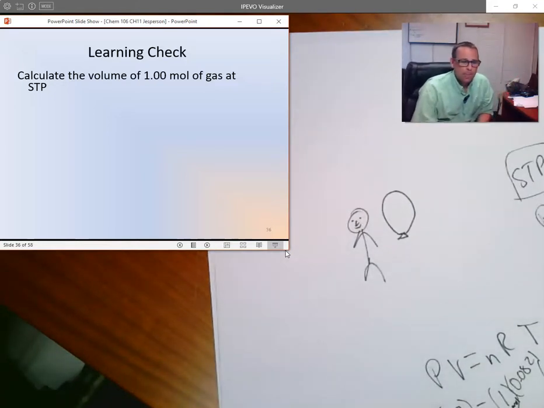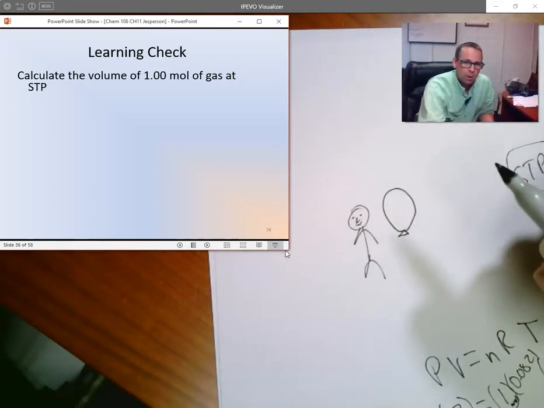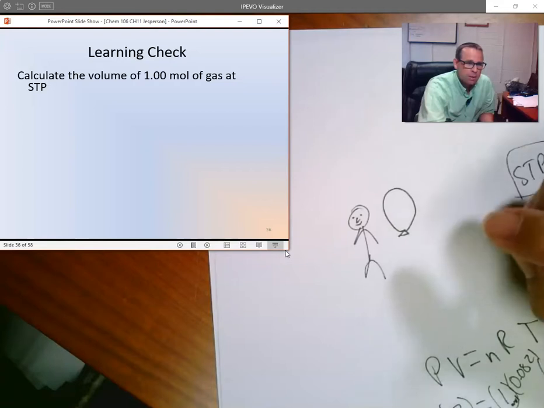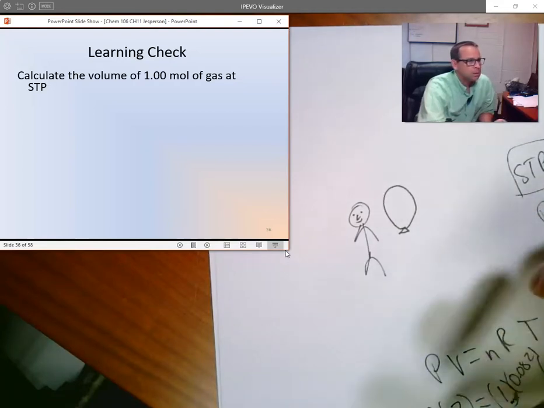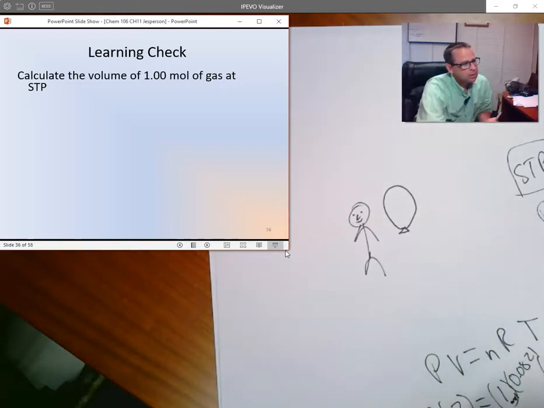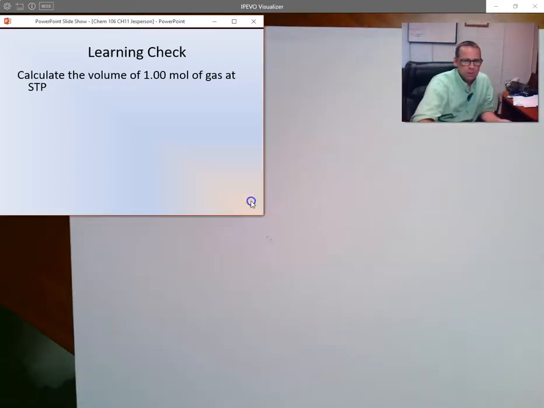22.4 liters. So if I had 1 mole of water, does anybody know how much volume 1 mole of water would be? Taiwan, what's the volume of 1 mole of water? Let's write down that question for ourselves.